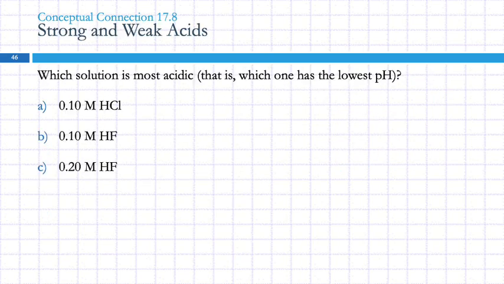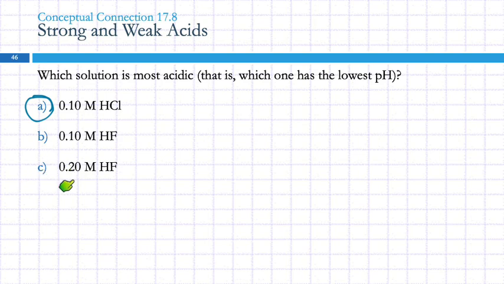Which solution is more acidic? That is, which one has the lowest pH? Yeah, I kind of gave the answer away. It is A. But we have two things to look at here. We have what is the acid and the concentration of the acid. So I would expect a fair number of people to pick C because the concentration is bigger.